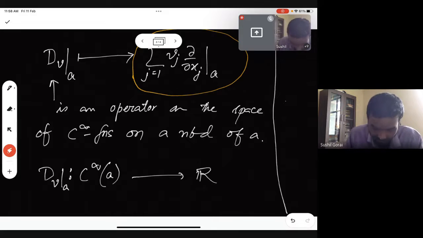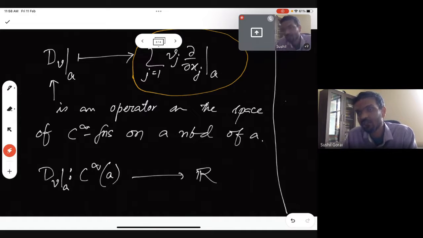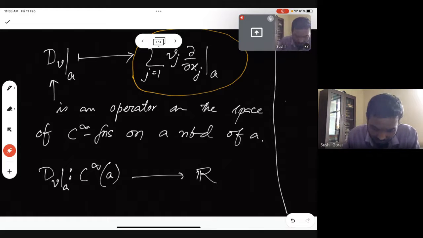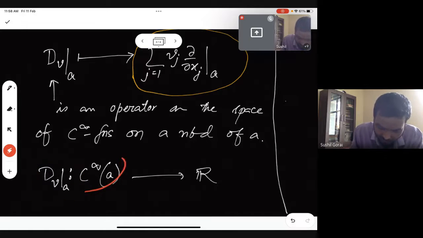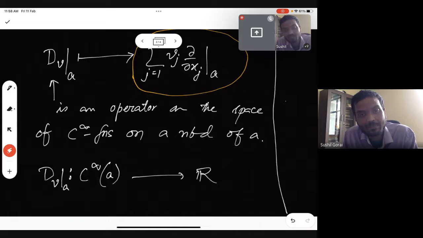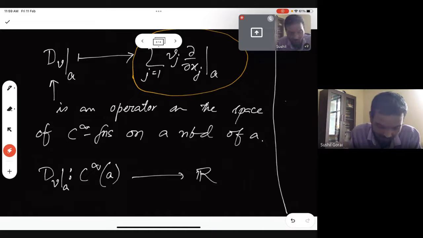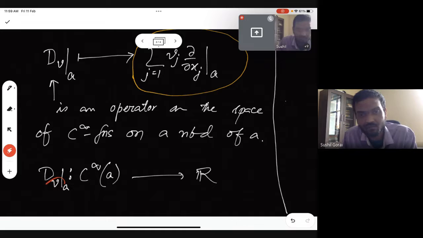When you apply it to a function, it gives you the directional derivative along the direction v. Now we'll look at these things. What is this one? This is determined by its action on the space of smooth functions here. So this v gives you a tangent vector, that actually we can define to be a tangent vector.